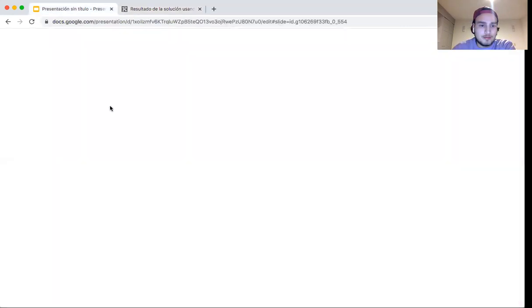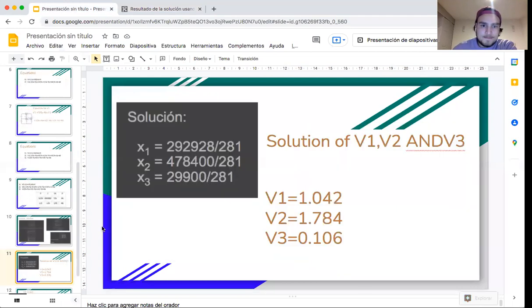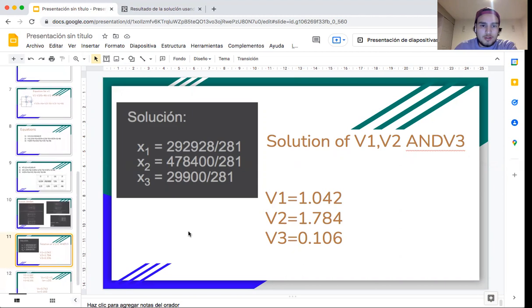This is the solution of the Gauss-Jordan, and we are going to take x1 as V1, x2 as V2, and x3 as V3. So V1 gives us 1.042, V2 gives 1.784, and V3 gives 0.106.